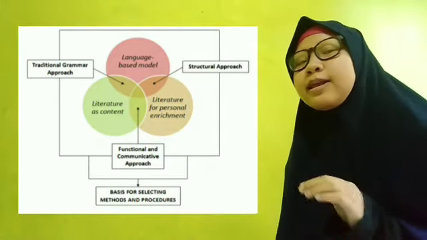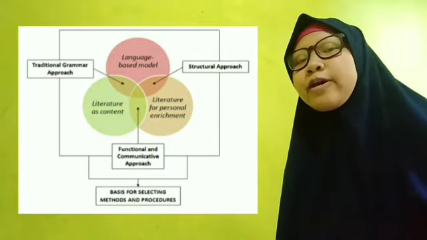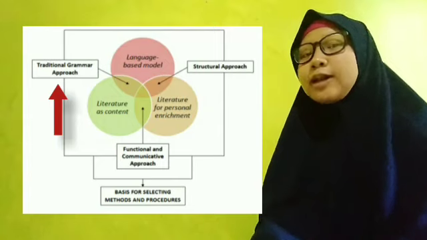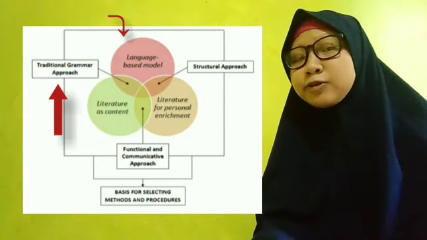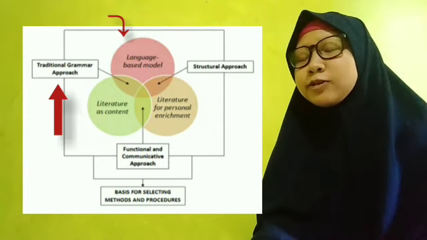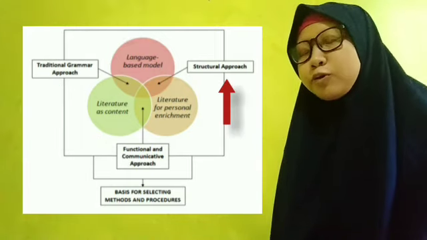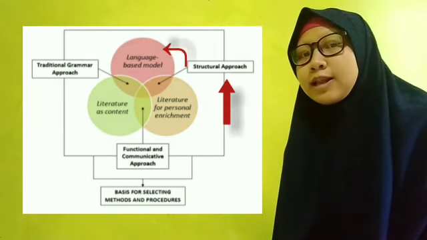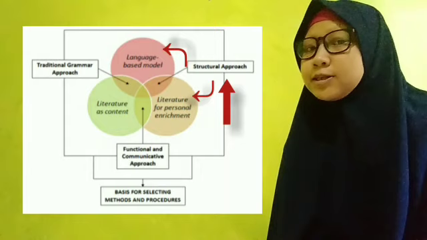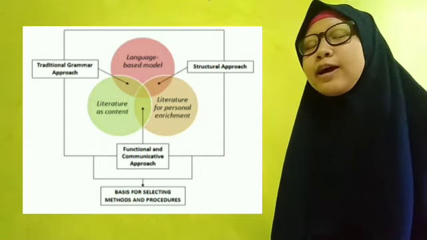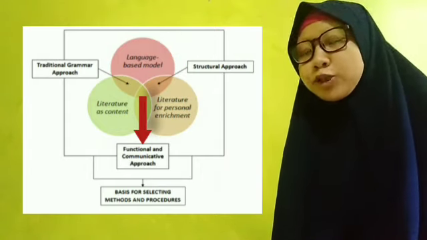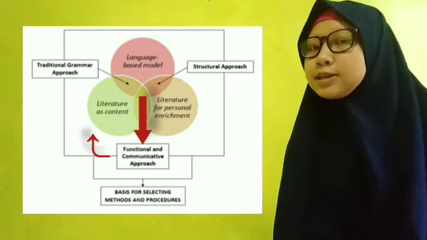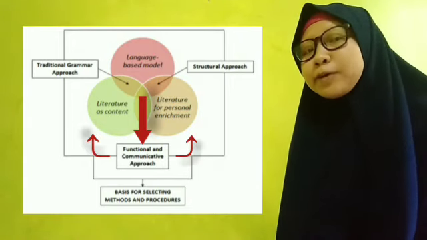We can see that the three approaches are related. Traditional grammar approach uses the literature-based model and literature as content. Structural approach uses the literature-based model and literature for personal enrichment. And functional and communicative approach uses literature as content and literature for personal enrichment. So they have a relation.